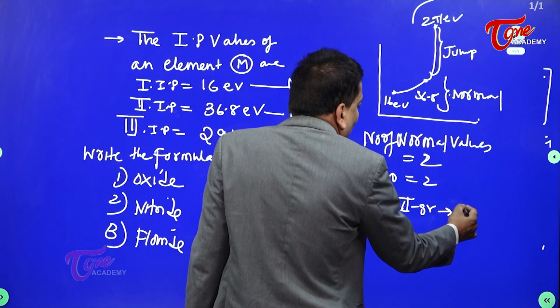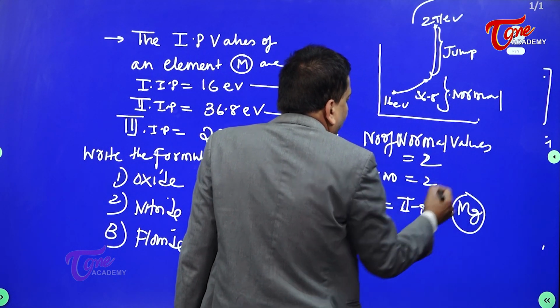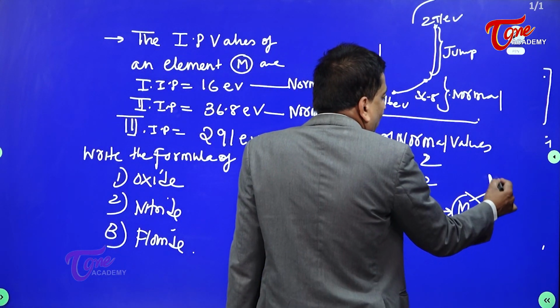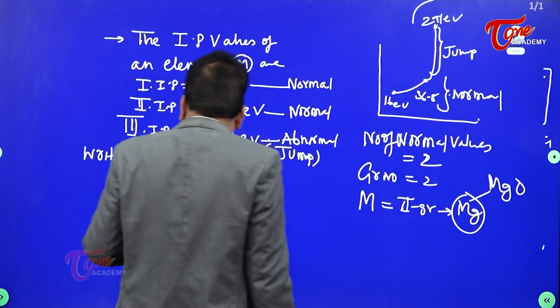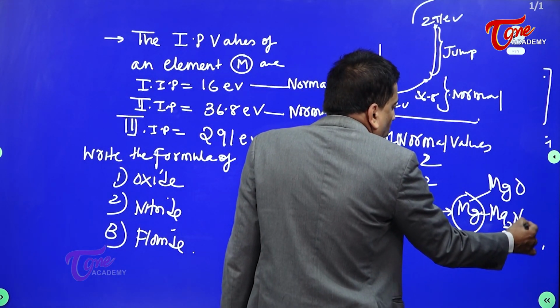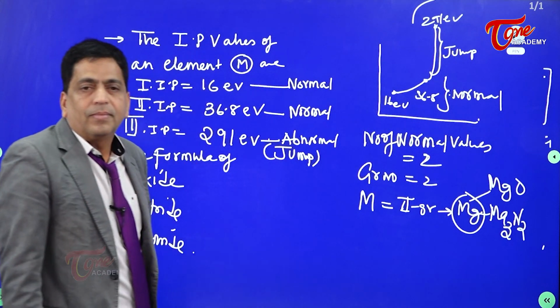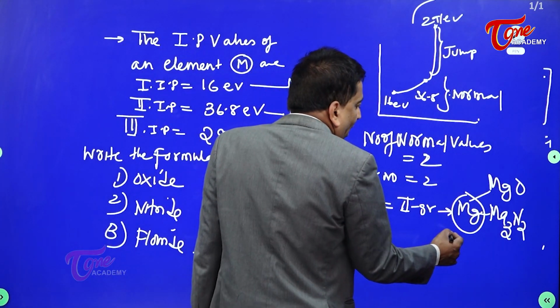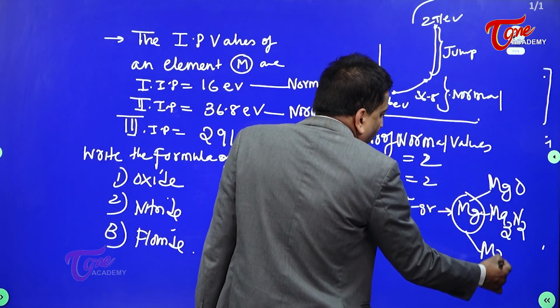Let's take the second group element to be magnesium. The oxide formula for magnesium is MgO. The nitride is Mg3N2. And for the fluoride, you have magnesium fluoride.